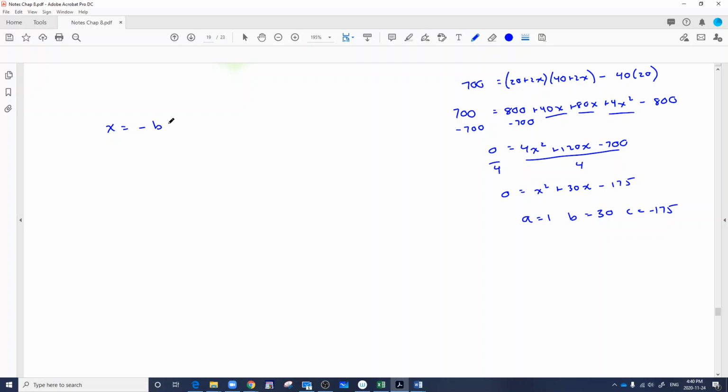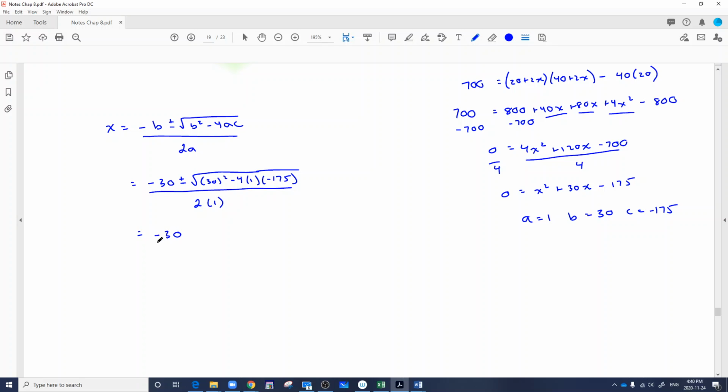So, quadratic formula: negative b plus or minus the square root of b squared minus 4ac, all over 2a. All right, plugging in, we've got negative 30 plus or minus the square root of 30 squared minus 4 times 1 times negative 175, all over 2 times 1.